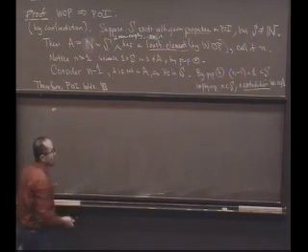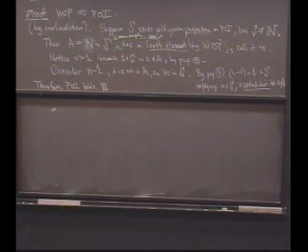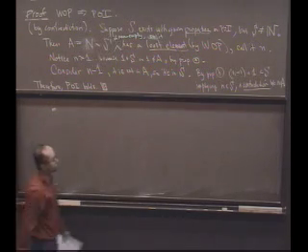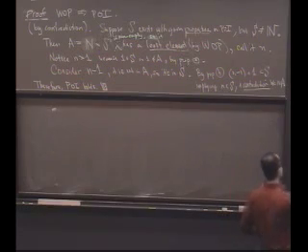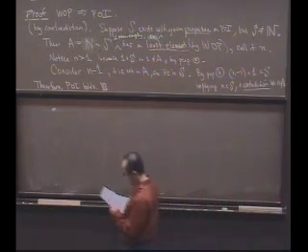So I'm about to show B. What can I assume? I can assume that the statement holds for k, and I'm trying to show it's true for k plus 1.